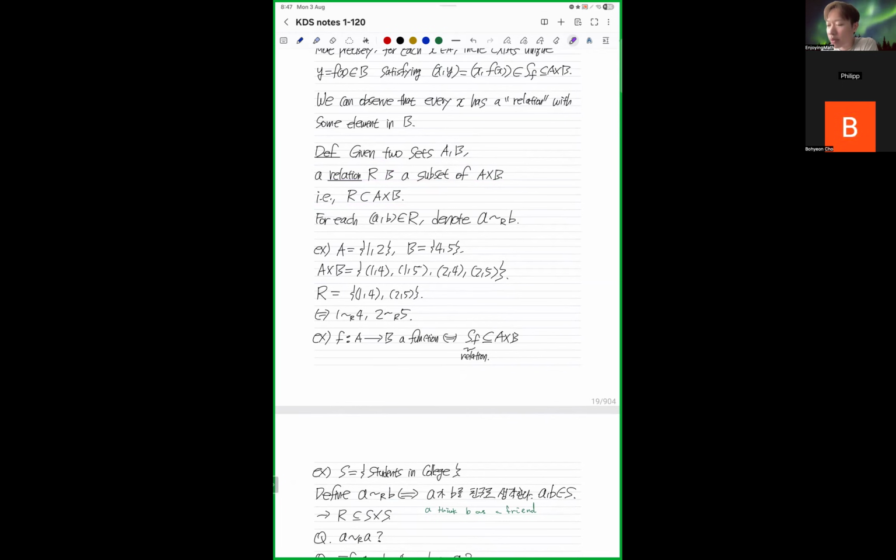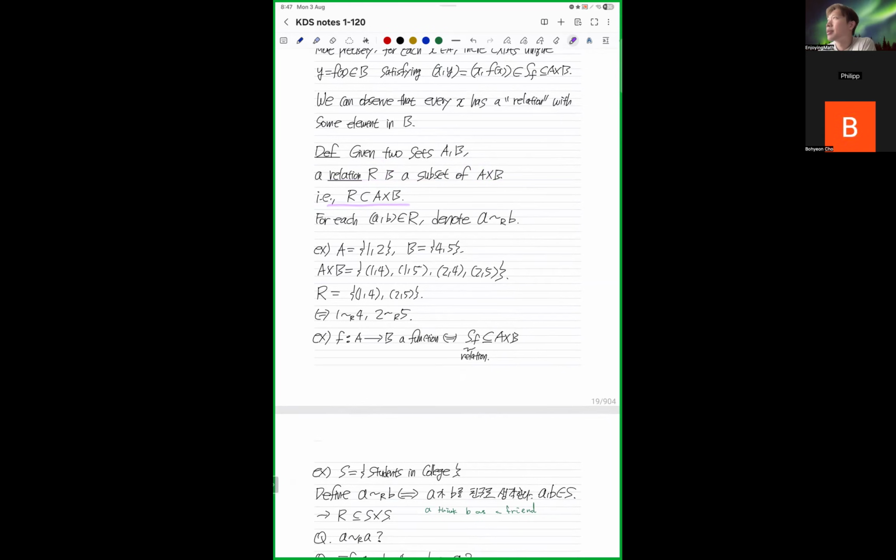That means we need to use every element in the domain, the first set, and the mapping should be unique. But we don't have those two constraints, those restrictions are gone essentially. So we can just take a subset of A Cartesian product B, and then it's a relation.